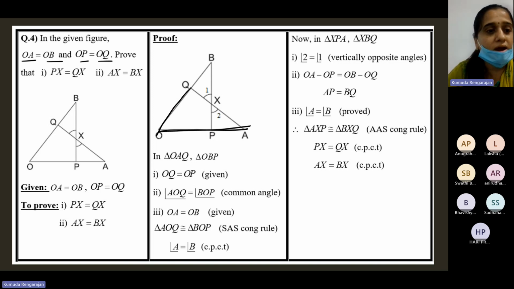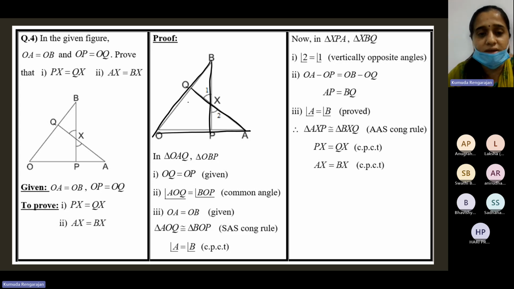This one is OA. And then OB. Where's OB? This one. So we have information about these two line segments. So complete the triangles. You take up this triangle and this triangle.